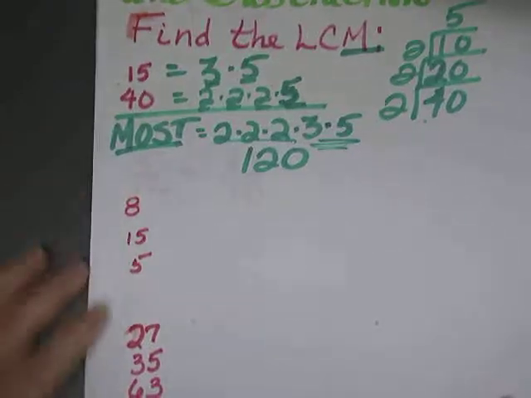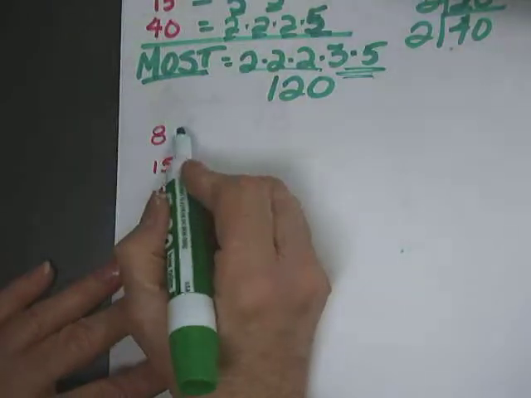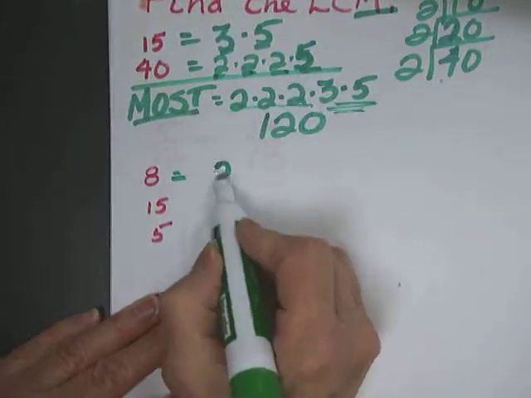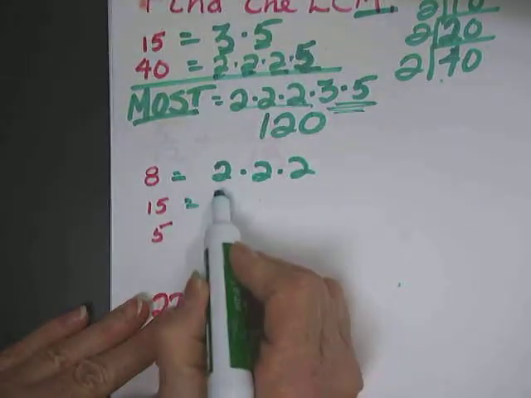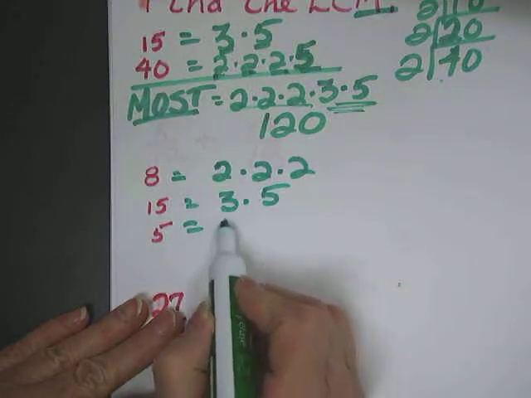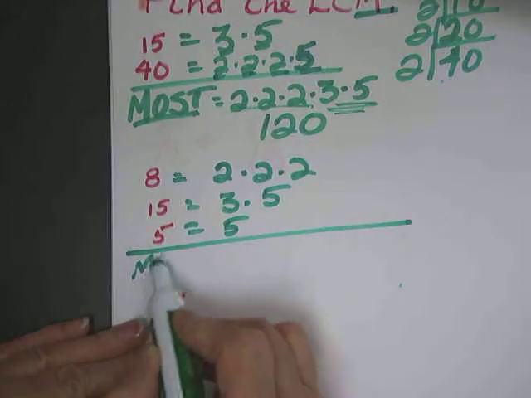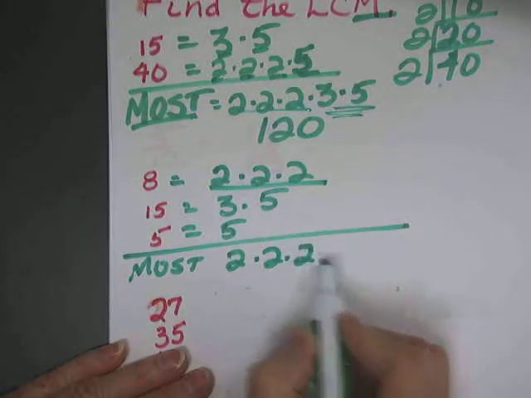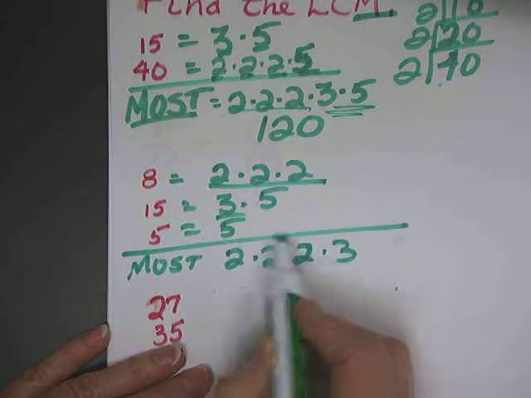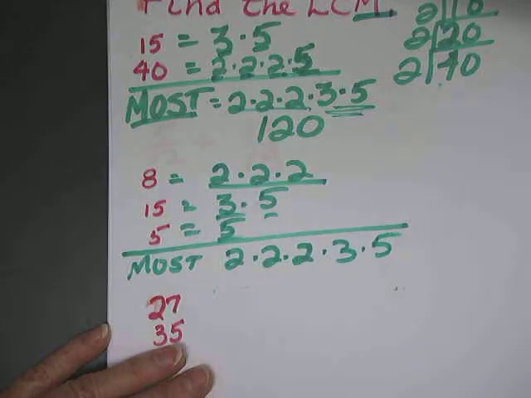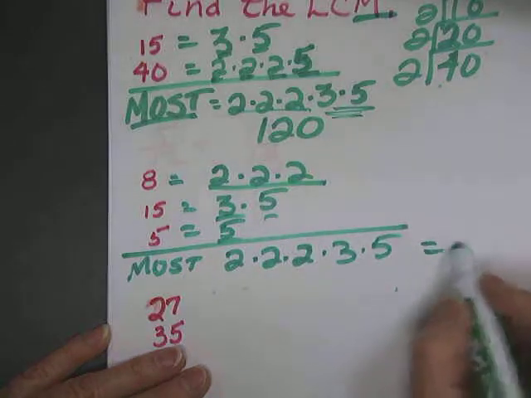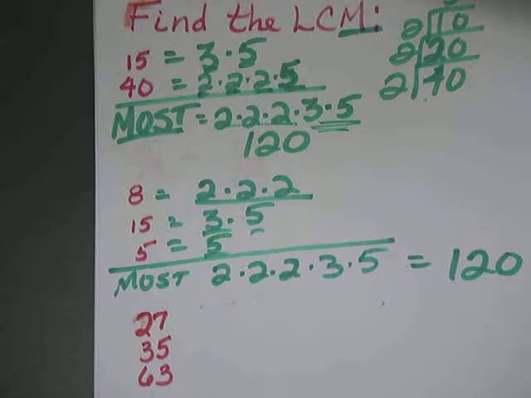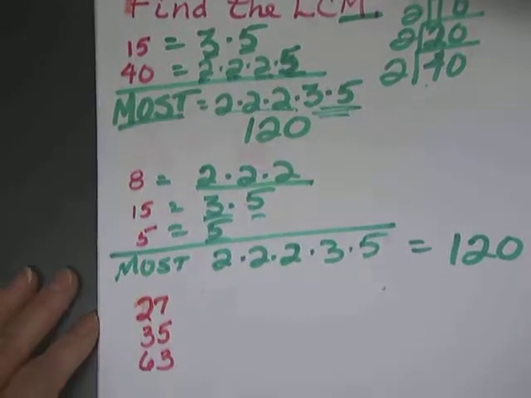It goes into it, it's in there, just like Prego. 8 was 2 times 2 times 2, and 15 was 3 times 5. 5 is just 5. Most: 3 of those 2's, 1 three, 1 five. It's the same thing, 120 again. Different numbers, but the LCM is the same.